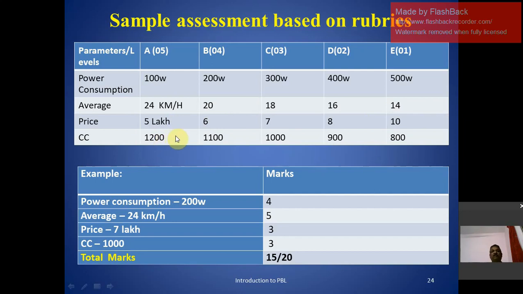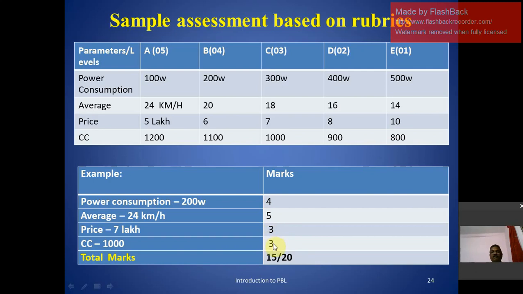Suppose we take an example: power consumption is 200 watt, average is 24 kilometer per hour, price is 7 lakh, and cc is 1000. And the corresponding marks are, as the power consumption is 200, therefore 4 marks. Average 24 kilometers per hour, 5 marks. Price 7 lakh, 3 marks.